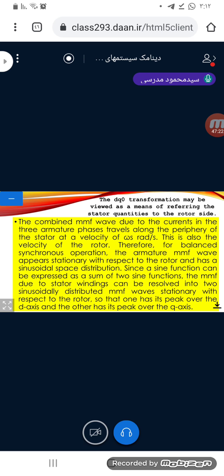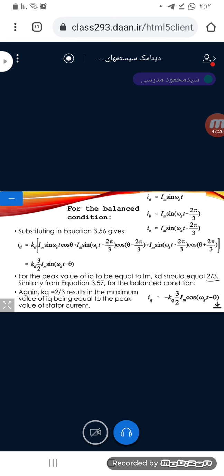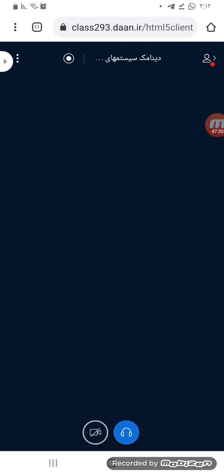So this equation is a big equation, transferred to this equation.